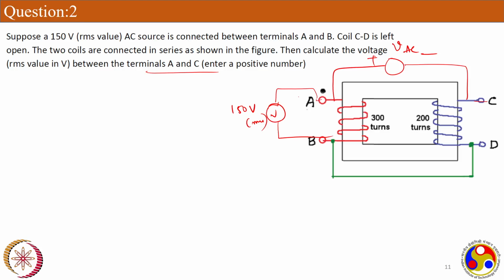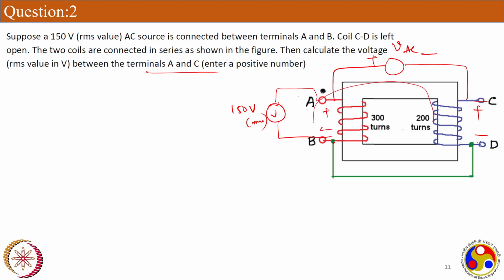If my notation is wrong, at the end we will get a negative sign. So we'll see. And this is C and D. I'm assuming this is the polarity on the CD side, and at the input I have a 150 volt supply, and anyhow B and D are at the same potential, and I'm just trying to calculate VAC.